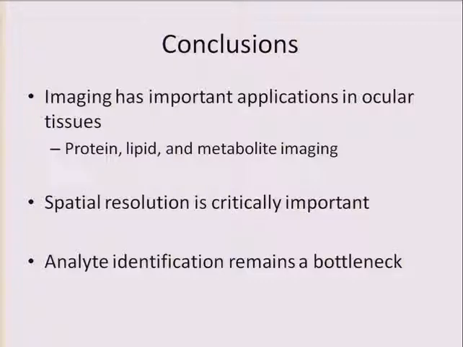Spatial resolution is critically important, especially as we look in the rodent models. These tissues are very, very small, and so we are constantly trying to improve our spatial resolution. I showed you 10 micron spatial resolution. We now have some 5 micron images, and so we're constantly pushing that frontier.